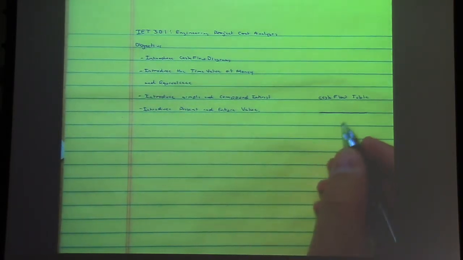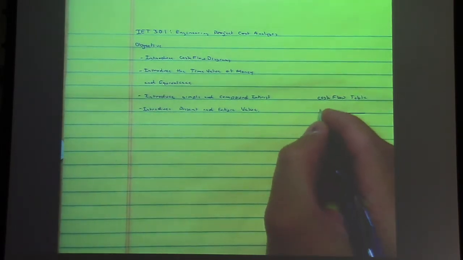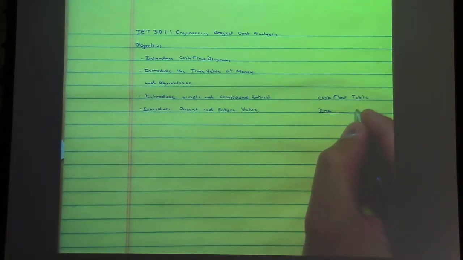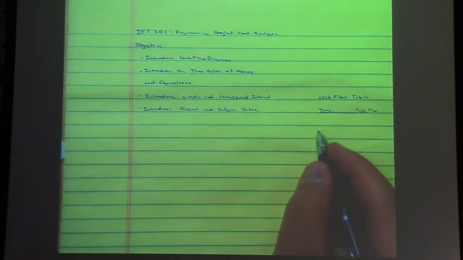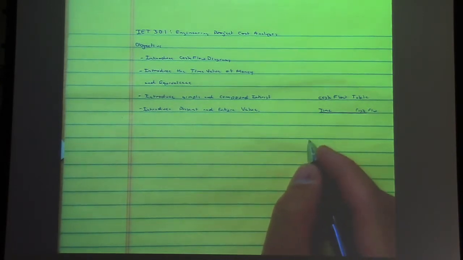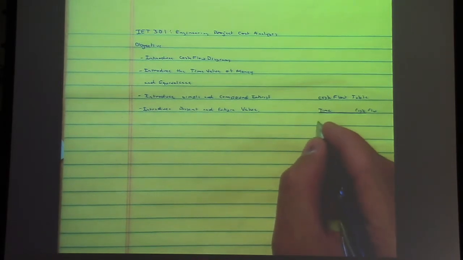When we're working with these cash flow tables, we have two columns. We have the time column and we have the cash flow column. It turns out that I graduated with my engineering degree in 1996. So by the time the year 2000 came around, I was doing fairly well.